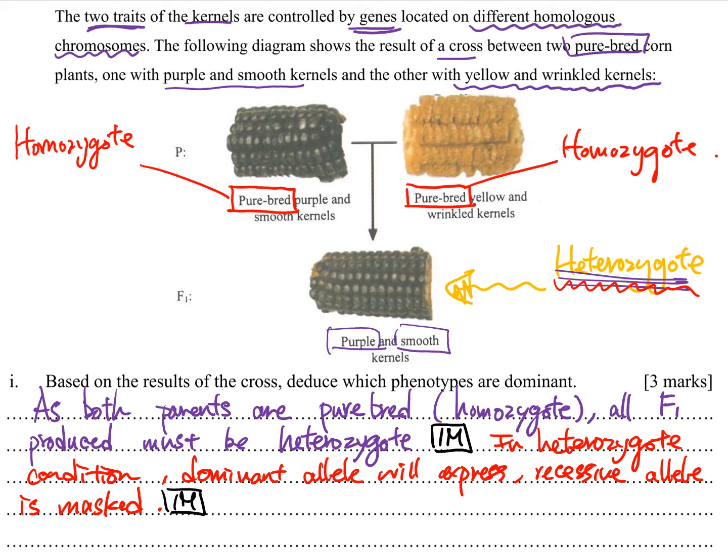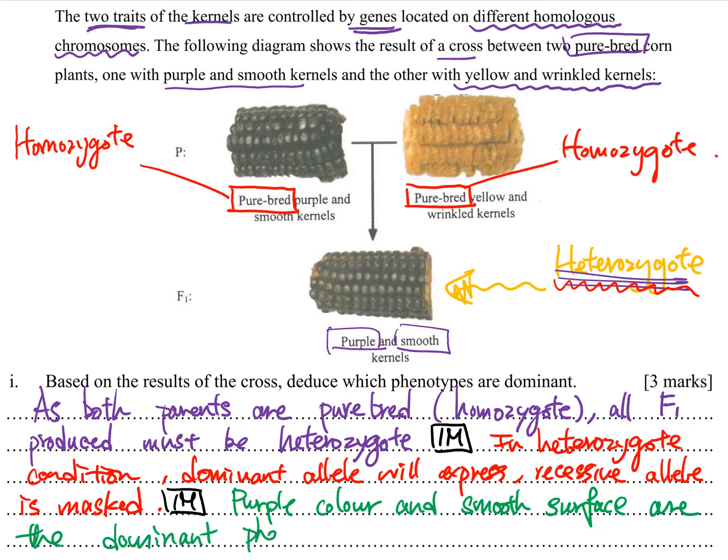So therefore, the character showing must be the dominant character. Therefore, at the very end, purple color and smooth surface are the dominant character, or this time write phenotype. You get the last mark.